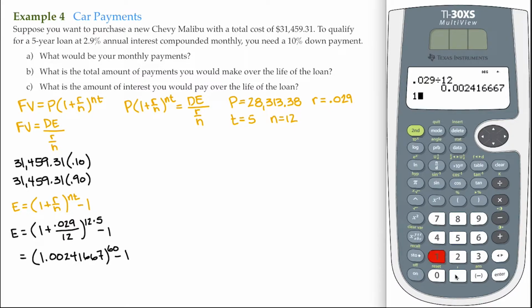So we'll do 1.002416667, raise that to the 60th power, and then subtract 1. So E is approximately 0.1558376.